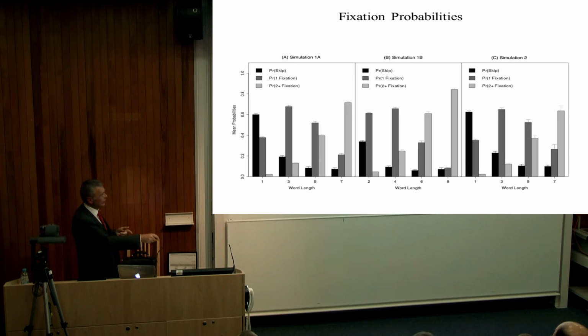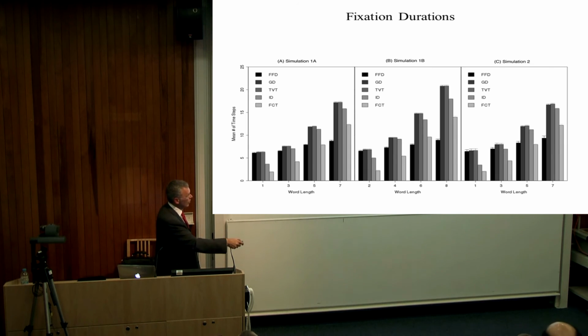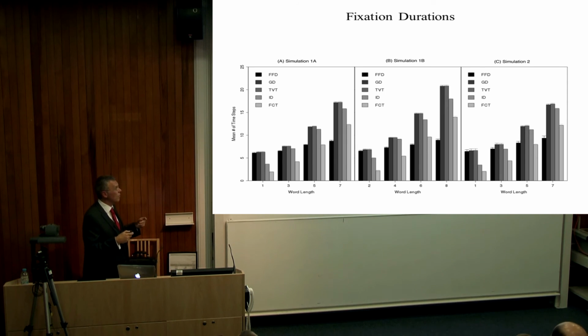That is, they tend to fixate the longer words more often than the shorter words, and they tend to skip the shorter words more often than longer words. They also tend to look at the longer words for longer than the shorter words. And they also initiate saccadic programming prior to full identification of a word, just like with the previous simulations.